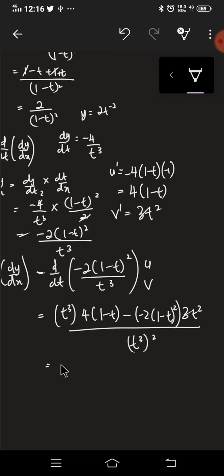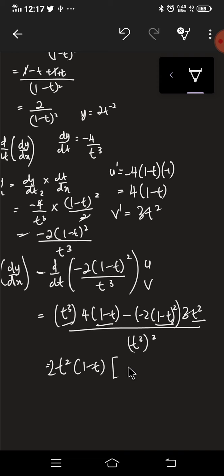So this is when you have to simplify all the expression here. What we can do, expand first and then factorize. Which thing can you factorize? For this one, we can factorize the t squared here, and also 1 minus t. So 1 minus t, and then you can also factorize 2.